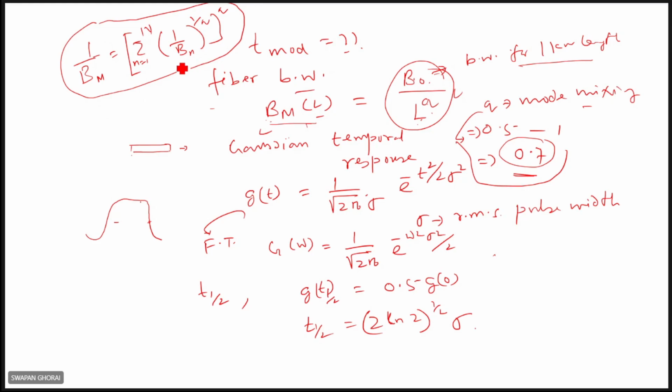Several fibers are connected together, and Bn is the bandwidth of that particular nth fiber. In this way, you can determine the fiber bandwidth. Generally, the widely used expression is B0 L to the power Q. So we will consider these ones, right?